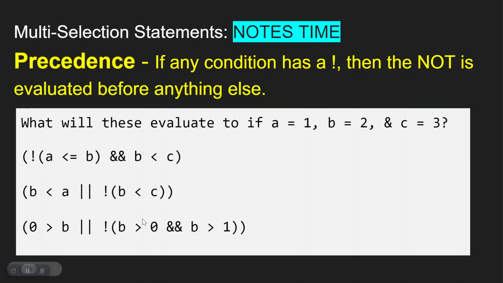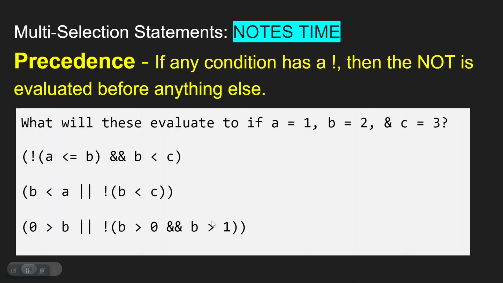And then finally down here, we have this extra set of parentheses inside. So again, we're looking at a condition A or condition B, but our condition B is this entire thing right here wrapped in this parentheses. So we have to get rid of this exclamation point first. So now we have to evaluate what's on the inside. 2 is greater than 0 and 2 is greater than 1.